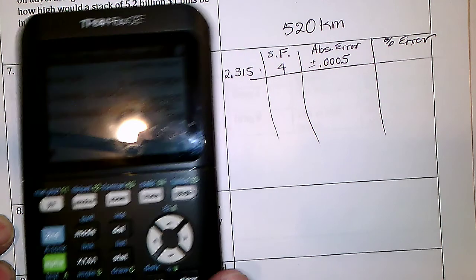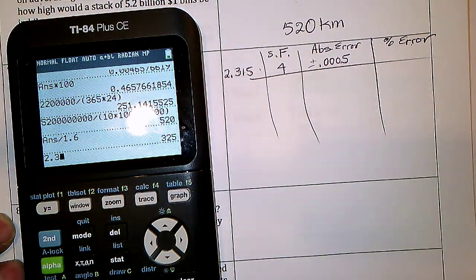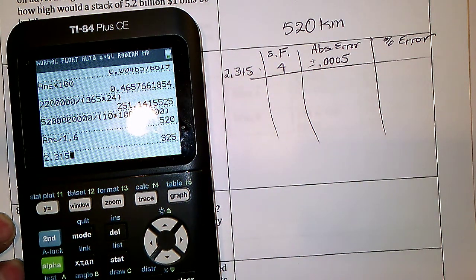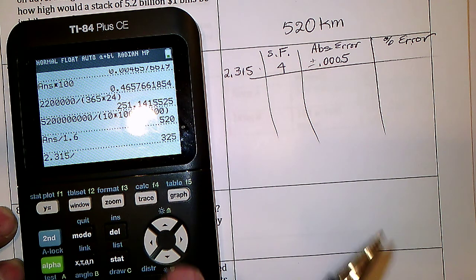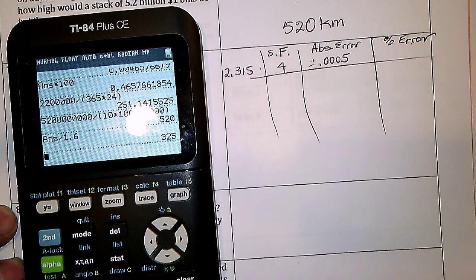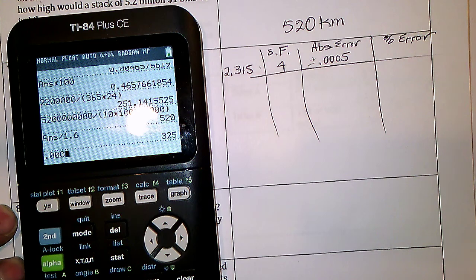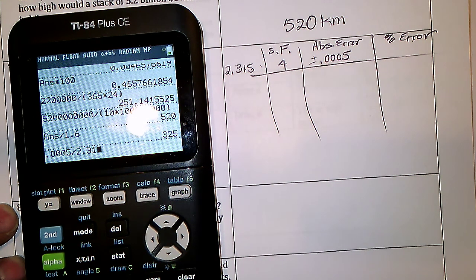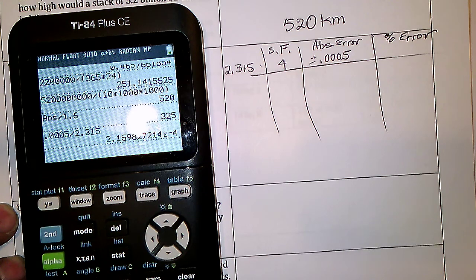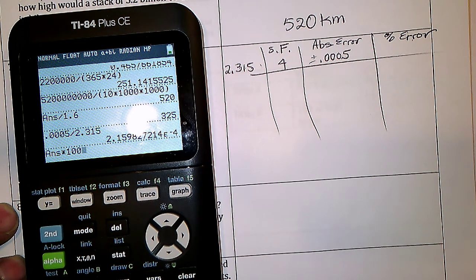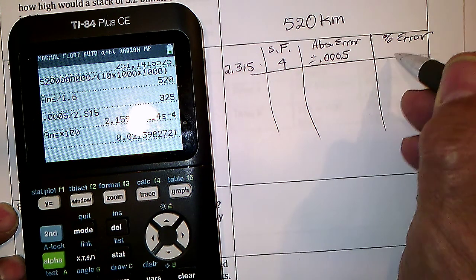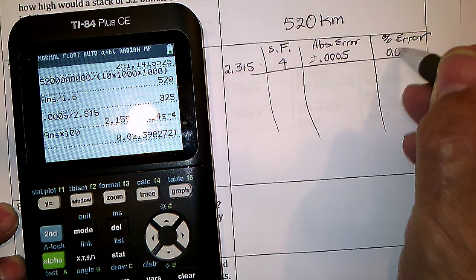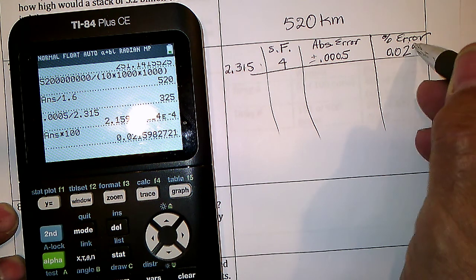So 0.0005 divided by 2.315 times 100. Percentage error relative is 0.02%.